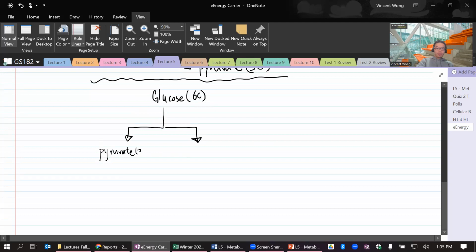Pyruvate, 3 carbon, pyruvate, 3 carbon. And over here, you invested minus 2 ATP, but in the end you get 4 ATP, and then you get 2 NADH, right?